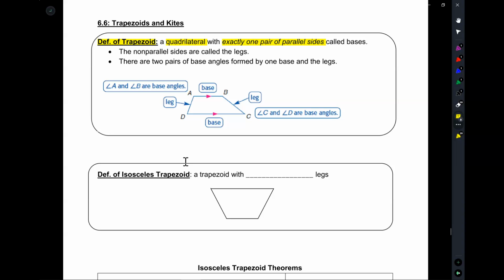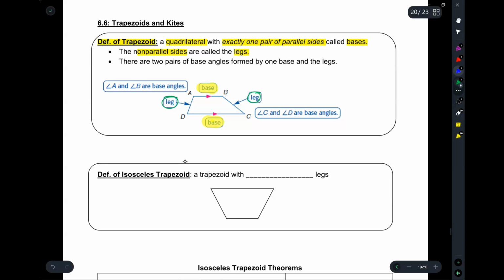Now, those two parallel sides are called the bases, and you can see here in the diagram, those are the bases. They are parallel to each other. The non-parallel sides are called the legs. The legs here, all highlighted in green, is this one and this one. Now, there are two pairs of base angles that are formed by one base and the legs.